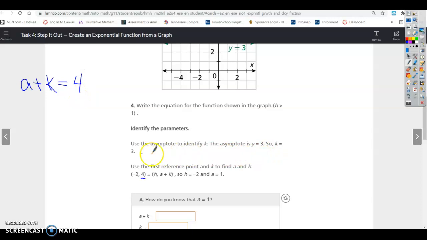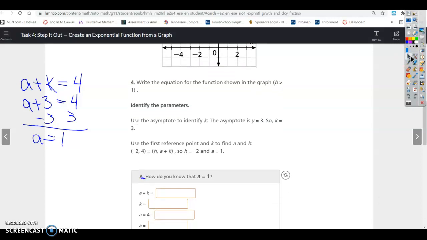We already set up here that k is 3. So we've got a plus 3 equals 4. Then subtract 3, and then a is 1.